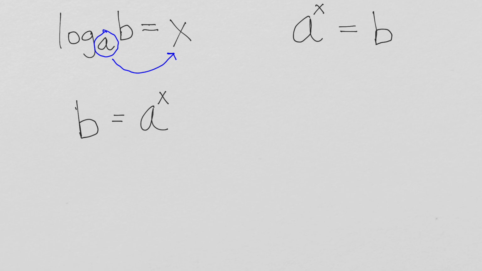Which, I mean, we can see is the same as what we have on the right-hand side at the top. They're just reversed, which is totally valid. We can read from left to right or right to left when it comes to equality. We're saying that B is equal to A to the X, or A to the X is equal to B, means exactly the same thing.